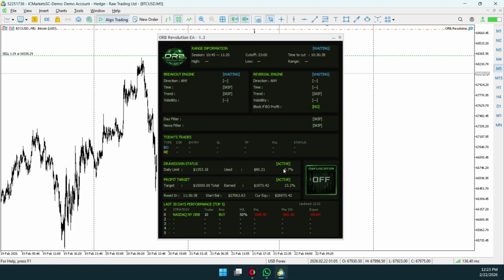As soon as one of them is breached, I will really have the status as breach and everything will stop. So this is an example of how you can see the information and how you can also follow it from your screen.